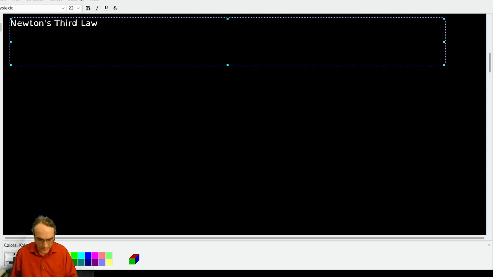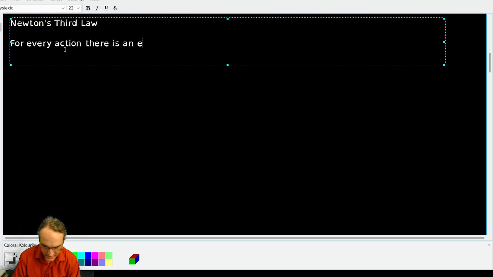Newton's third law. All right, so once again, to summarize, Newton's third law is basically the one that says for every action there is an equal and opposite reaction, but that's a bit of an oversimplification.